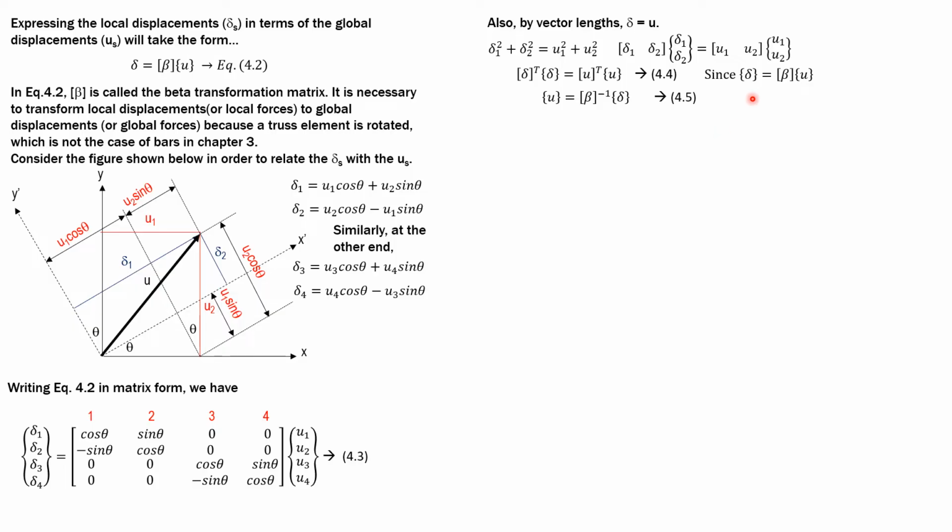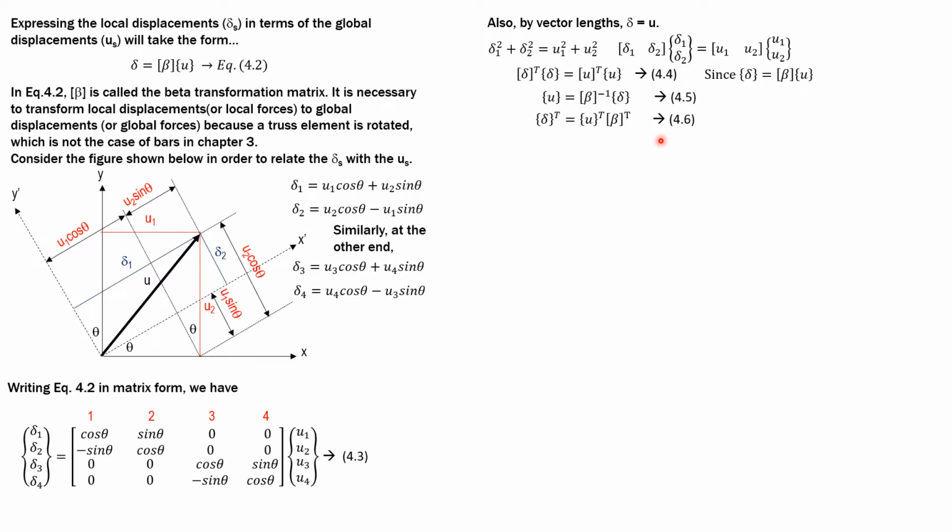Then if we obtain the transpose of delta, remember from the property of matrix multiplication, when you have A times B quantity transpose, it should be B transpose times A transpose. So you have to reverse the order of the product of matrices on the right side. Therefore, delta transpose is equal to u transpose times beta transpose.